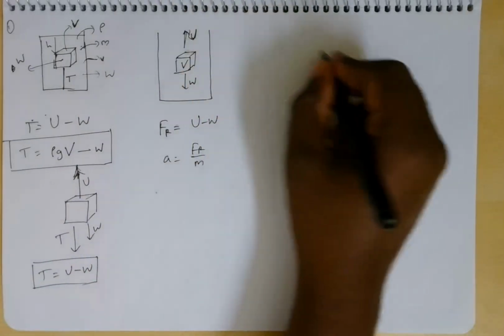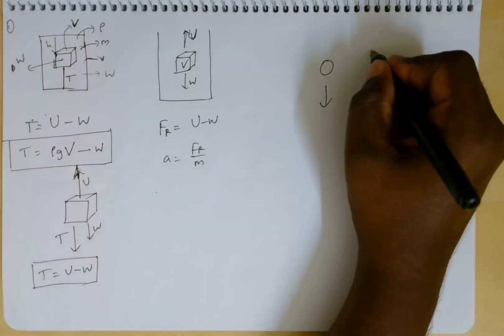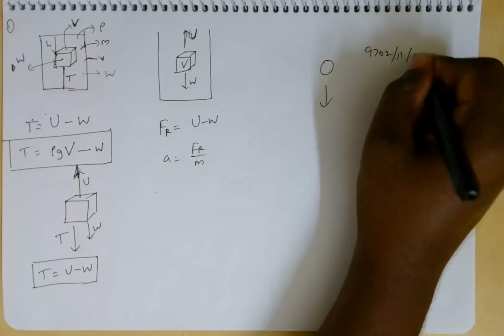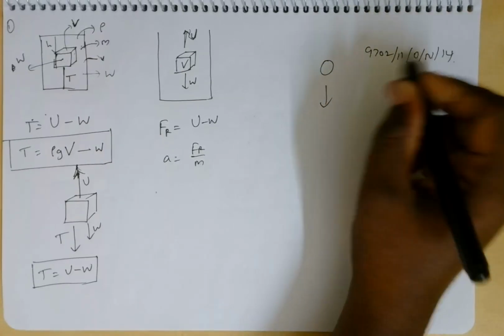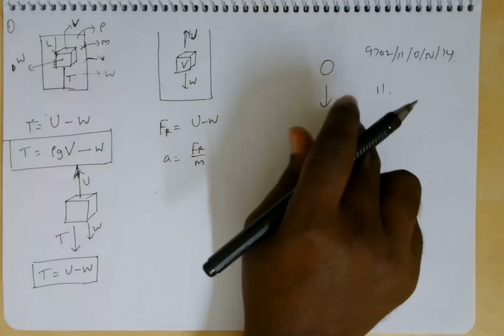By the way, this is 9702 11 ON 14, question number 11. So a ball is falling at terminal velocity.